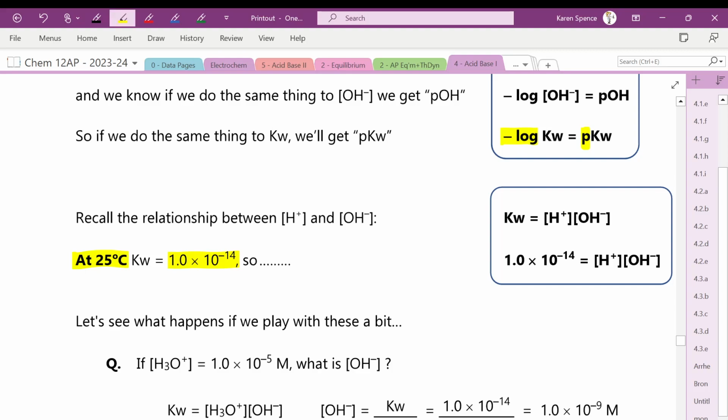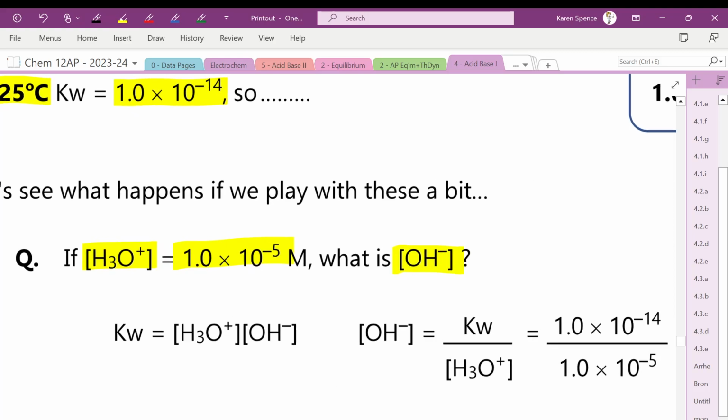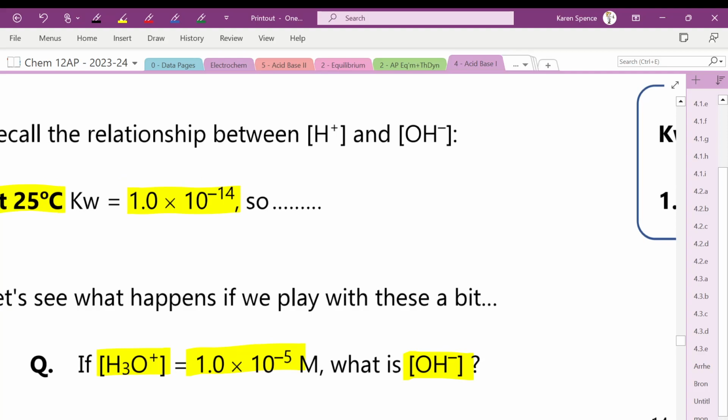Okay, so if H3O plus is 1 times 10 to the negative 5, what is the OH minus? You might actually be able to do that one in your head.